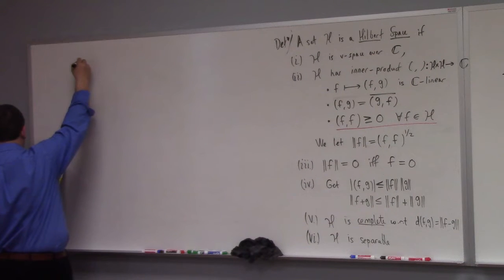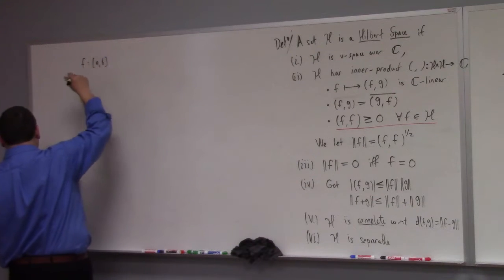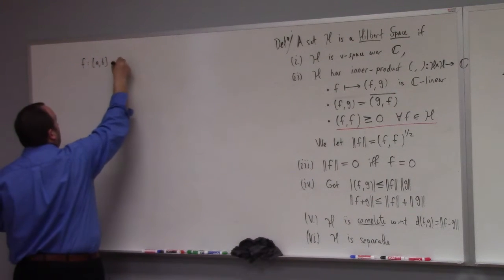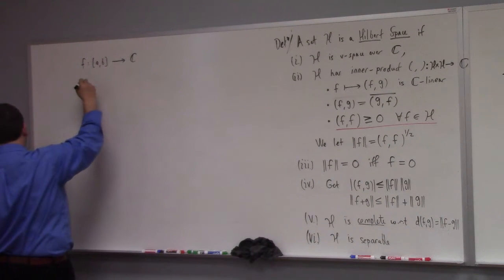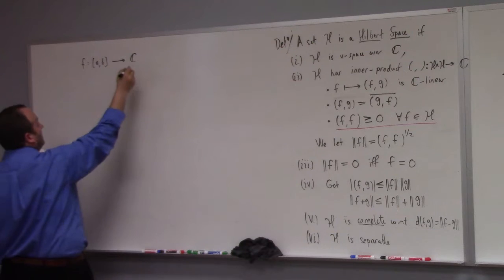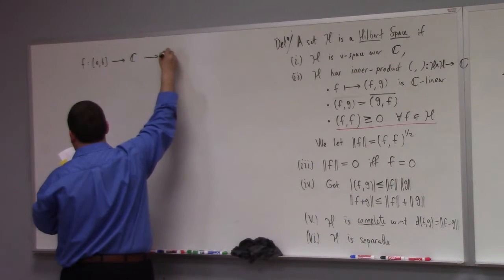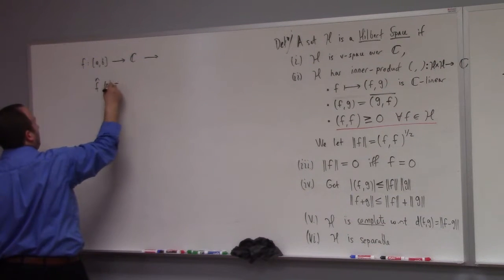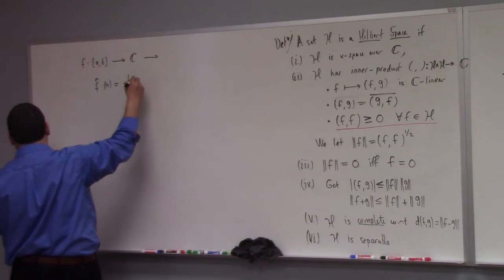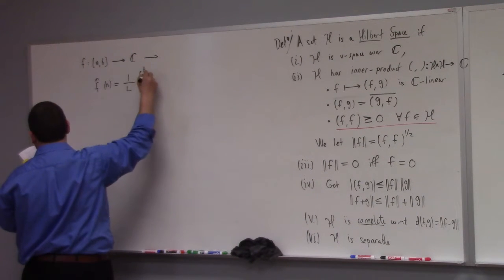So, for example, if I have a function that goes from A to B, to the complex numbers, then this gets a Fourier series. The Fourier coefficient, rather, f hat of n, is 1 over L, the integral, where L is b minus a. Emily, is that right? Yeah.